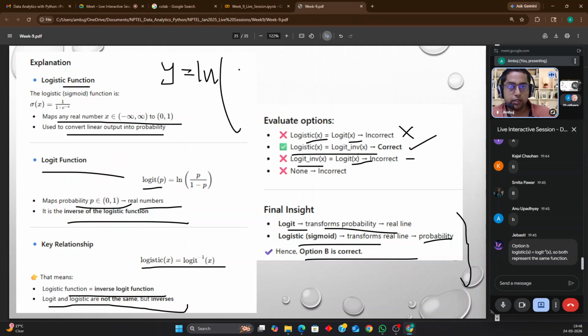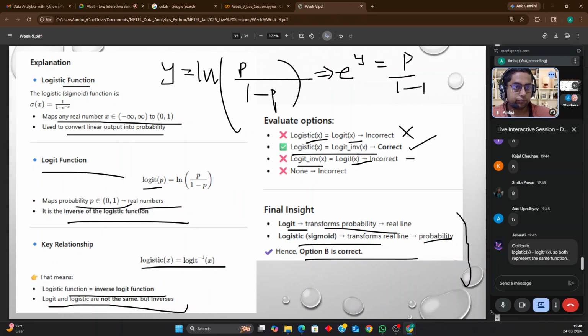y, take it as p over 1 minus p, then we take the anti-log on both sides: e to the power y will be equal to p over 1 minus p. Then you try to solve: e to the power y minus p e to the power y equals p.